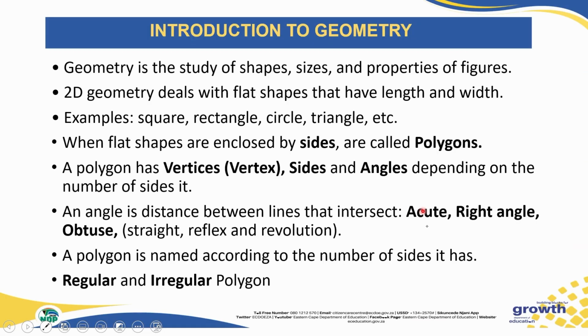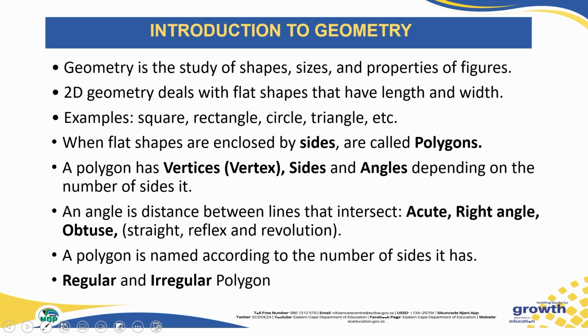Then it will depend upon the type of angles that will be formed. They can either be acute angles, right angles, or obtuse angles. I won't talk much about the straight, reflex and the revolution, because when we're talking about the 2D shapes, some of these angles won't be there.